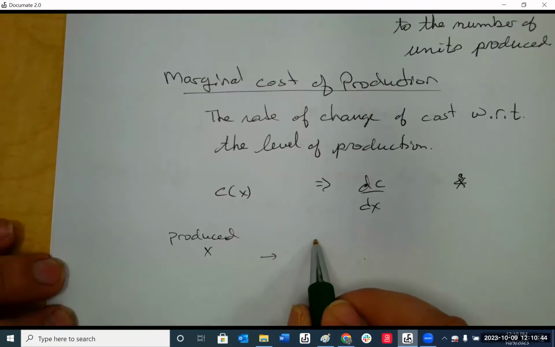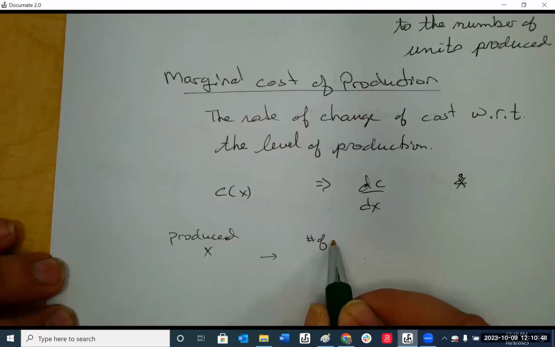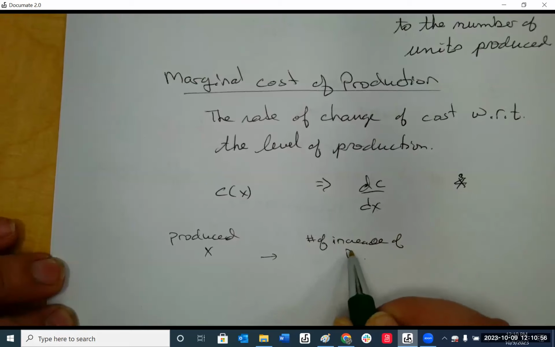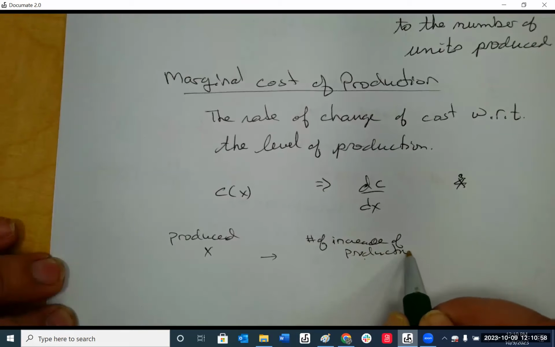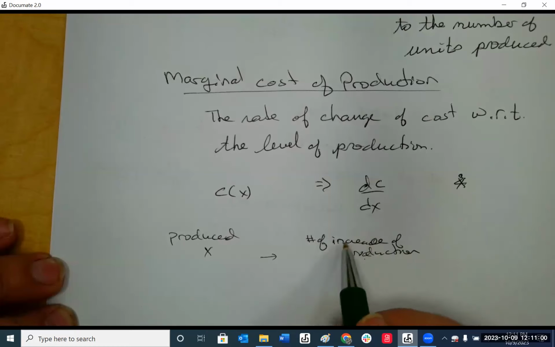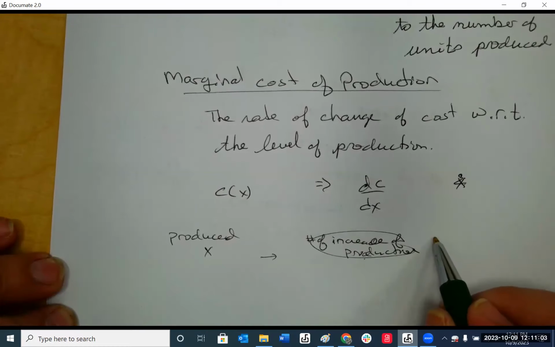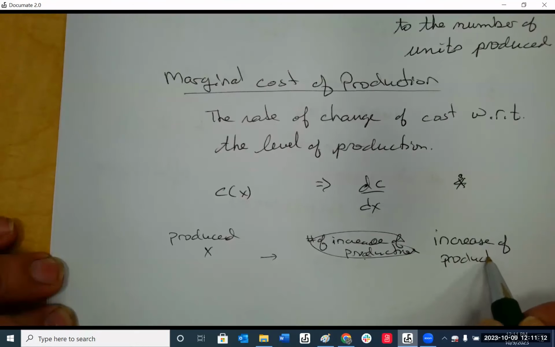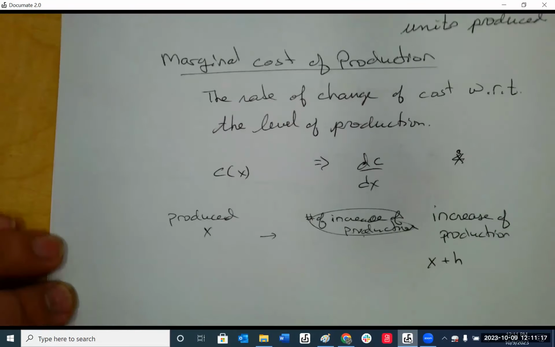We want to go to the increase of production. So that's going to be x plus h.